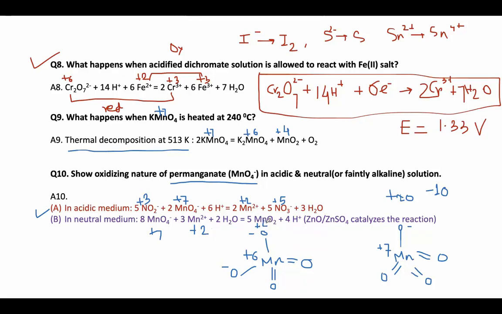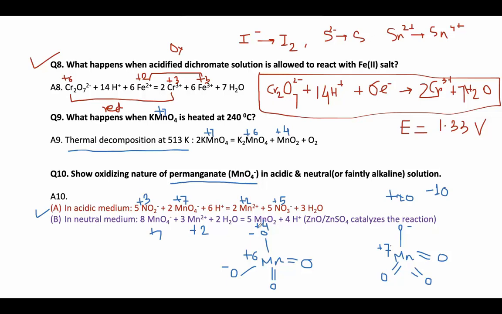When 2 different oxidation states merge into one oxidation state, that is termed a comproportionation reaction. The presence of zinc oxide and zinc sulfate catalyzes this reaction. So from Mn +7 and Mn +2, both go to +4. This is a reduction of MnO4 minus, but an oxidation of manganese 2 plus.